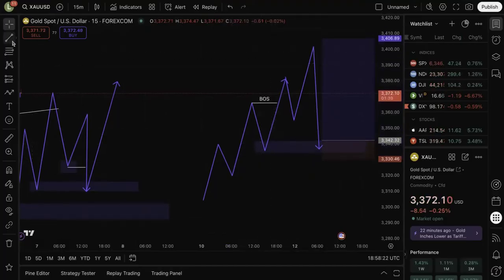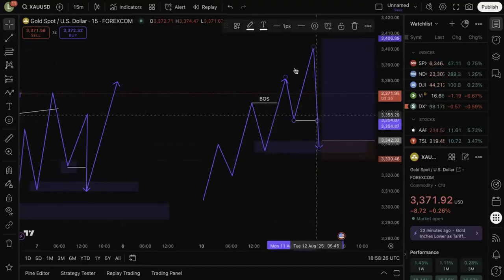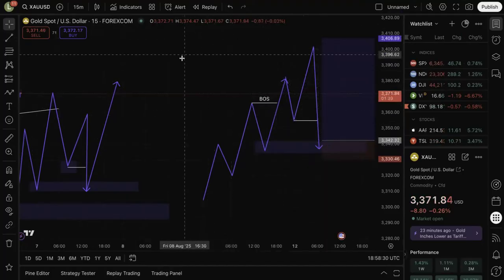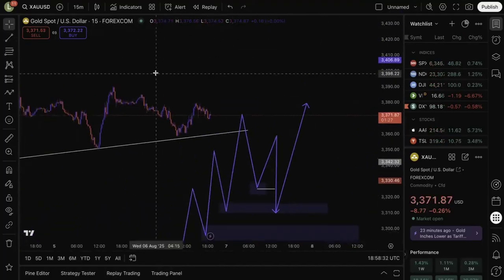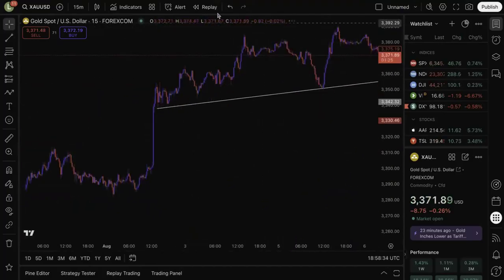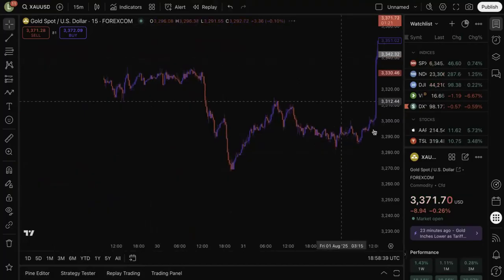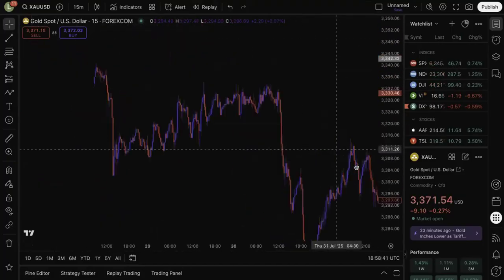That's what I'm talking about. So this support here is your inducement level that price must take out before going to the upside. Very simple. Now I'll be looking at live examples of markets and areas where we have seen such movements before.